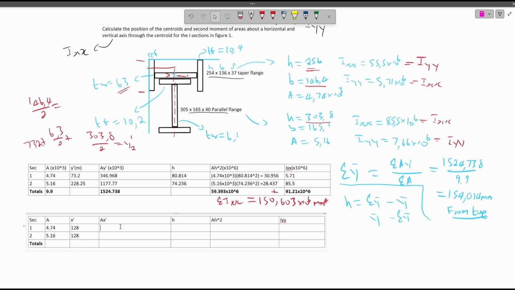Our AX bar: you can write this 10 to the 3 inside your areas if you want to, or you can put it on top and then you don't need to write it down here.